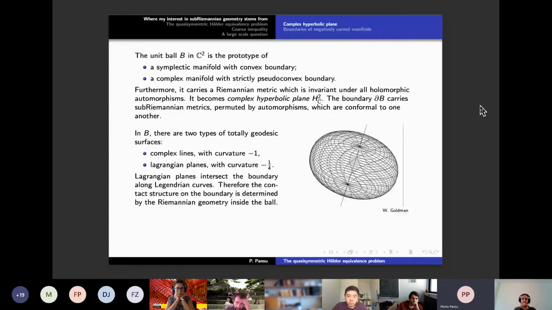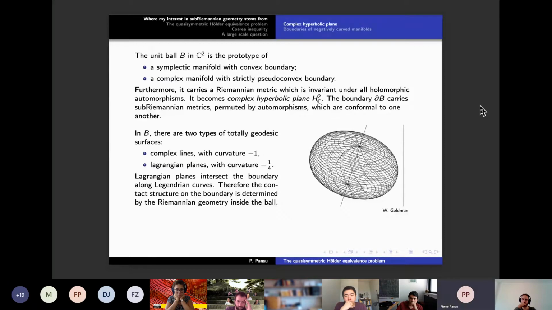Totally geodesic means that the distance between points of the surface is the same whether you take it as an intrinsic distance or as the restriction of the ambient distance. These remarkable surfaces are of two types. First, the complex lines.